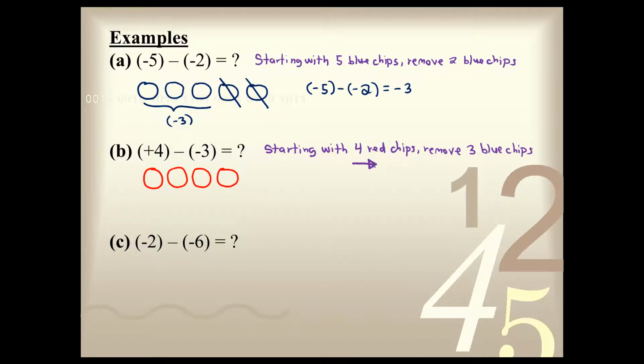We could carry out the statement if you just added 3 blue chips. So I've identified, in order to carry out the statement, I must add 3 blue chips.